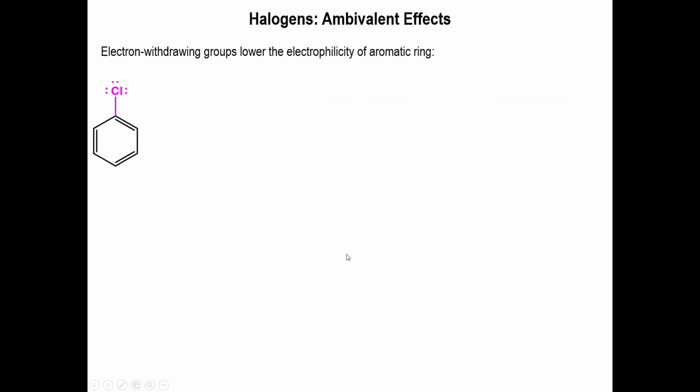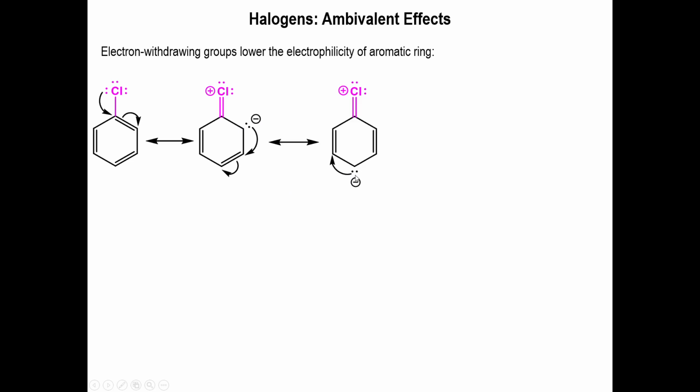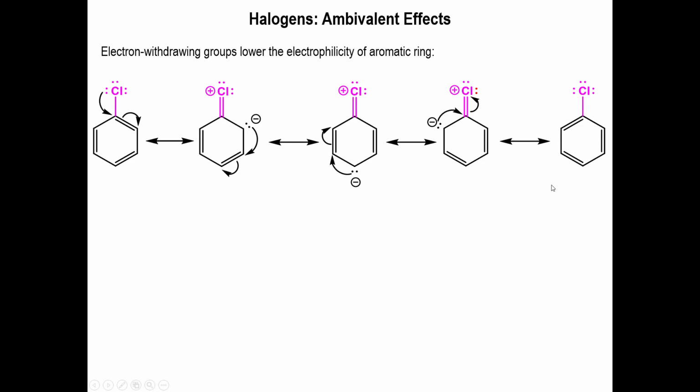All right, so this brings us lastly to the last oddball of the series, right? The weakly deactivating groups, the halogens. Now, the halogens, because they do have lone pairs, can undergo resonance structures where you bring the electrons from the halogen down to the benzene ring, you create a carbanion, and you can continue that series over and over. So you go from ortho carbanion to para carbanion, back to ortho carbanion, and ultimately ending on the Kekule structure of the original chlorobenzene.